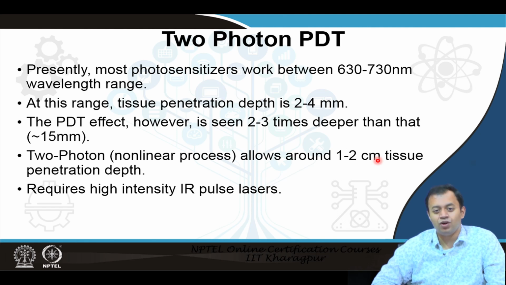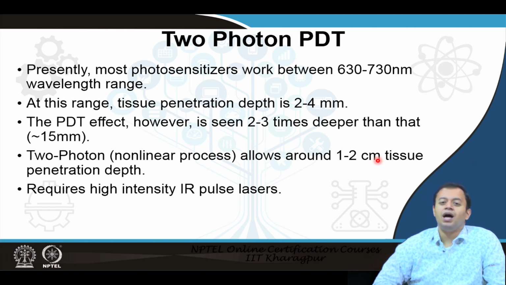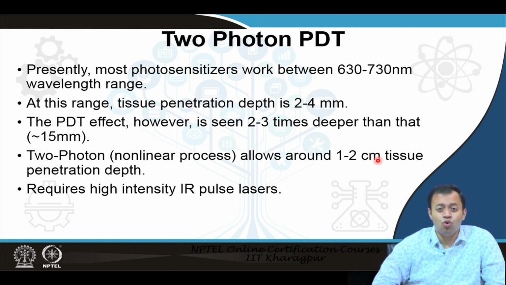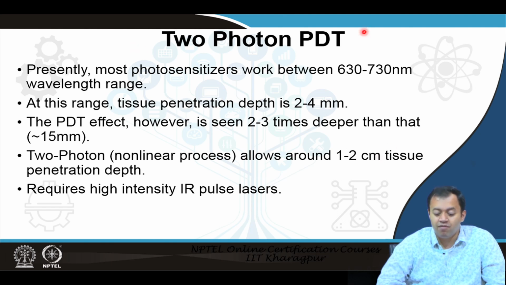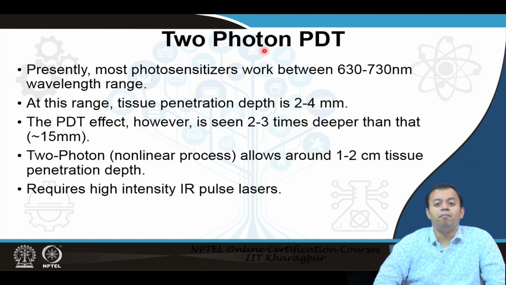If we are going for penetrative depth in tissues, for tumors which are deeply buried, we need to go to the centimeter range, and that is being developed these days by 2 photon PDT. How do you envision 2 photon PDT might happen?